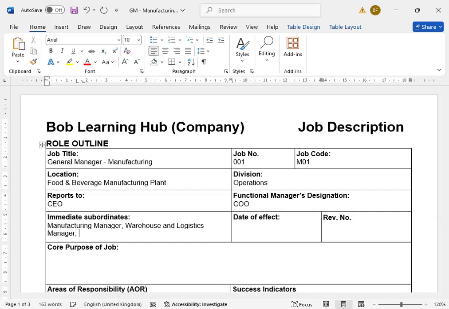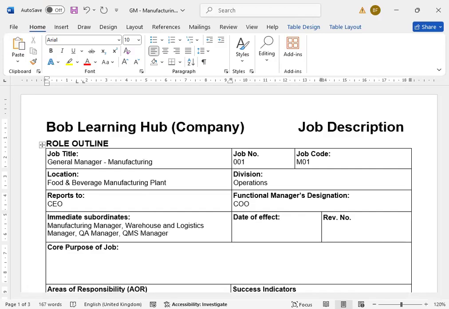Another one reporting to the role is the QA manager, the quality assurance manager. Another direct report is the QMS manager.